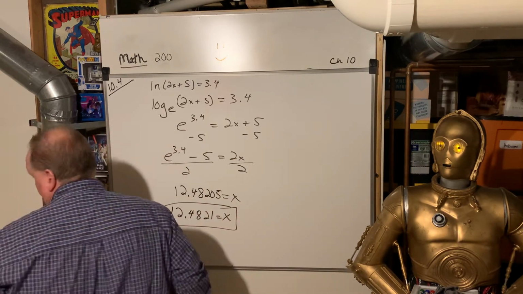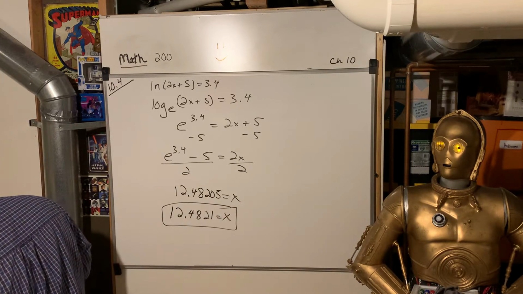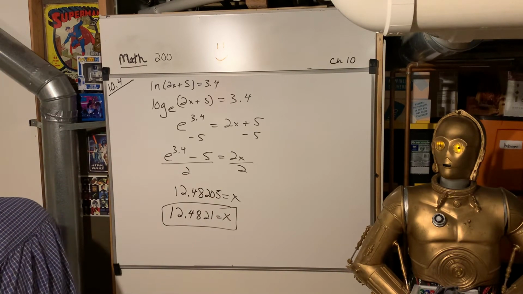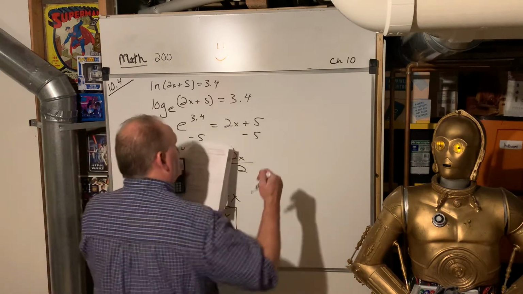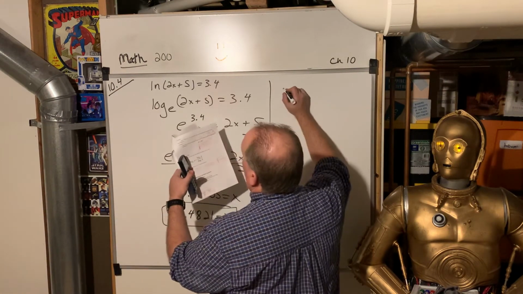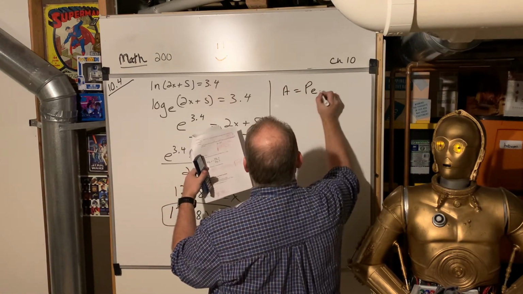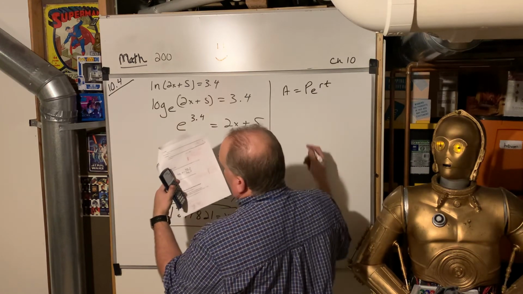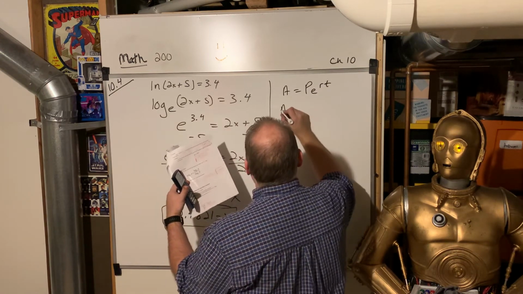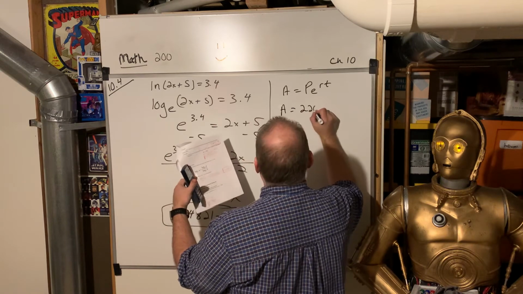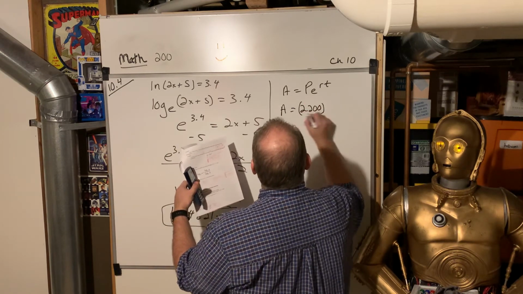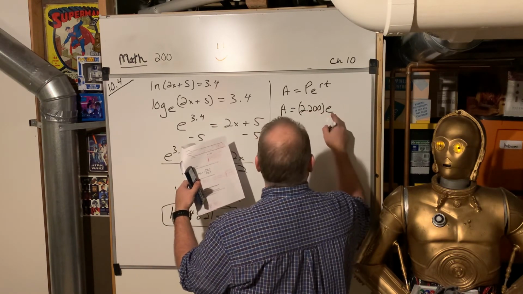And here, I'll show you the sequence on the next one, all right? So I'll hold the calculator up to the camera. So we've got A is equal to P e to the rt. So this is investments when it's compounded continuously. P is principal, $2,200. e is just e. That is like pi.